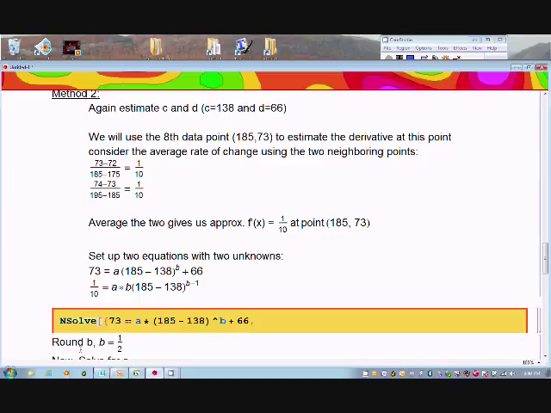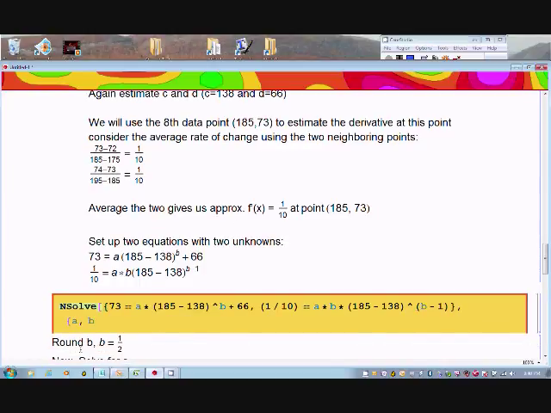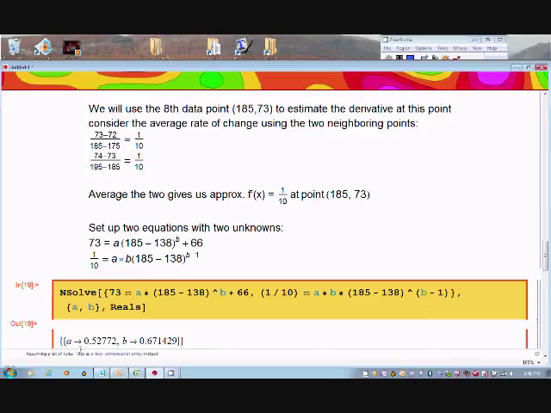And then our second equation, which is 1 divided by 10, equals a times b times 185 minus 138 raised to the b minus 1 power. So those are our two equations. The variables we're solving for are a and b, and we want real numbers, not imaginary numbers. So when we do that, we get an a of 0.5277 and a b of, again, 0.67.